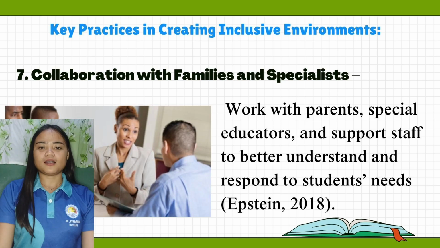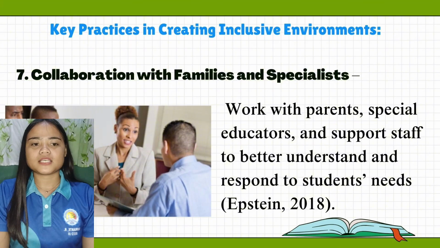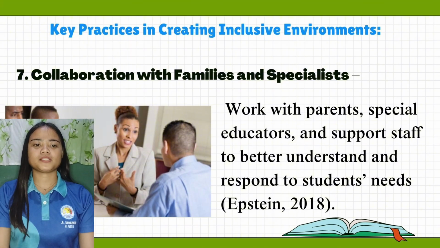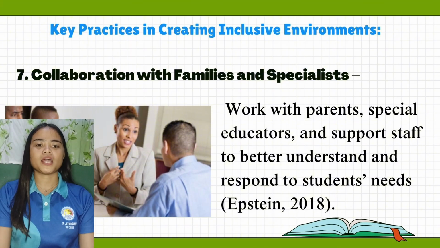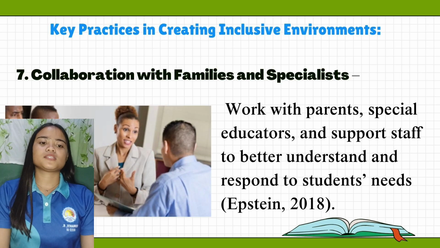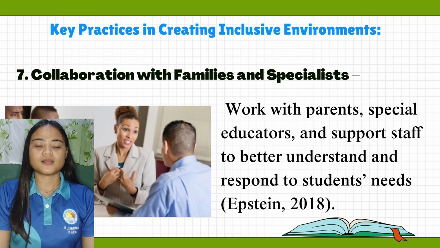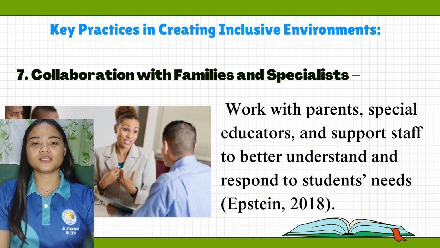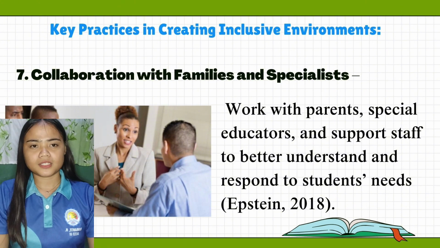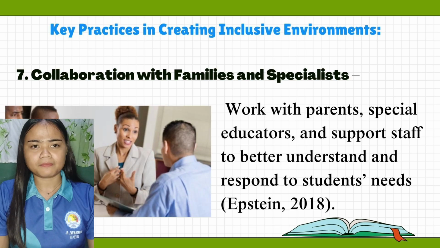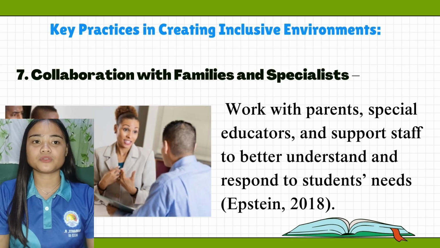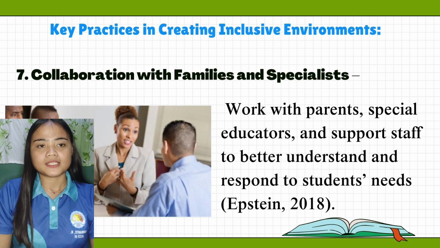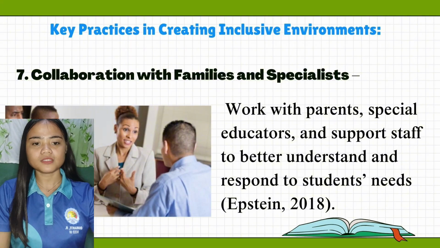For example, a teacher meets with a speech therapist and the students' parents to plan how to give the students improved communication skills. So that is the practice of collaboration with families and specialists.